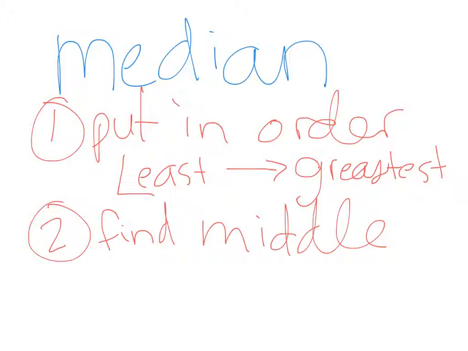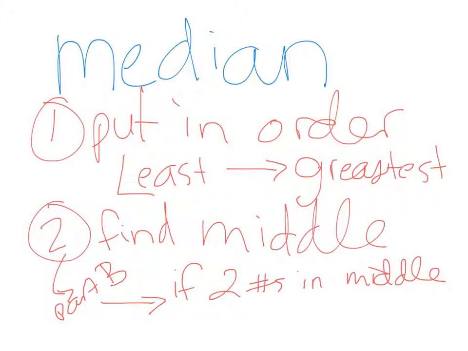However, 2 sometimes has a part B. And the part B is if there are 2 numbers in the middle, we need to find the average. There we go. That's finding median.